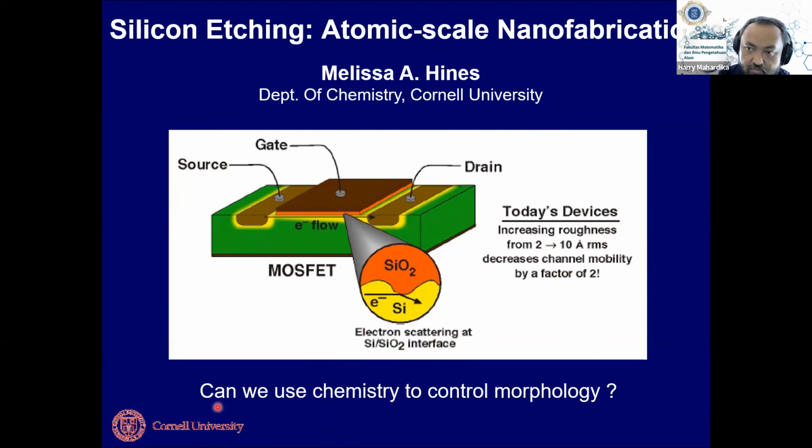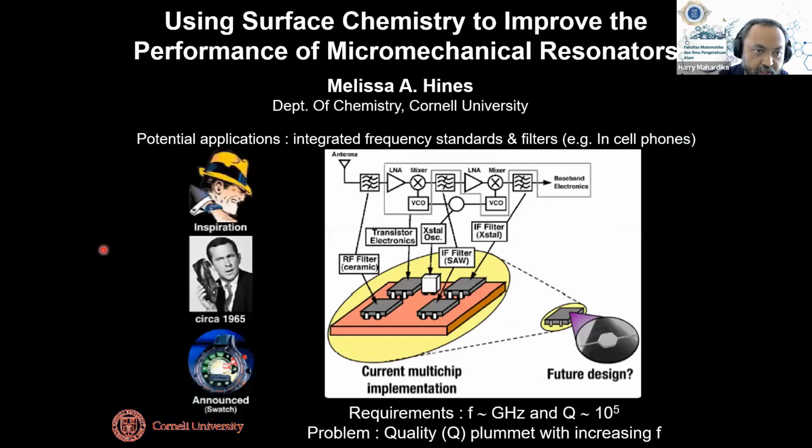If we take our study goals, or our presentation goals like this one, it can also catch the attention of the audience. Can we use chemistry to control morphology like this one?